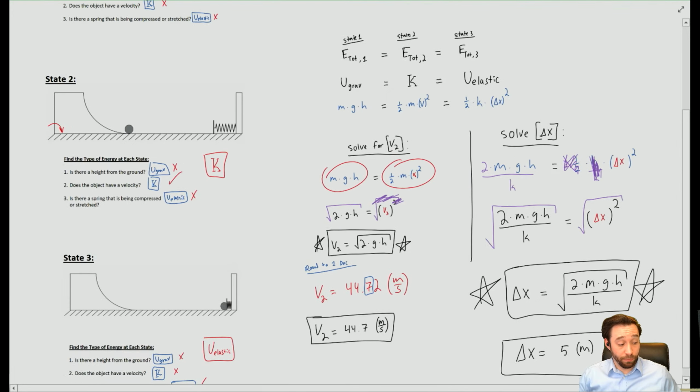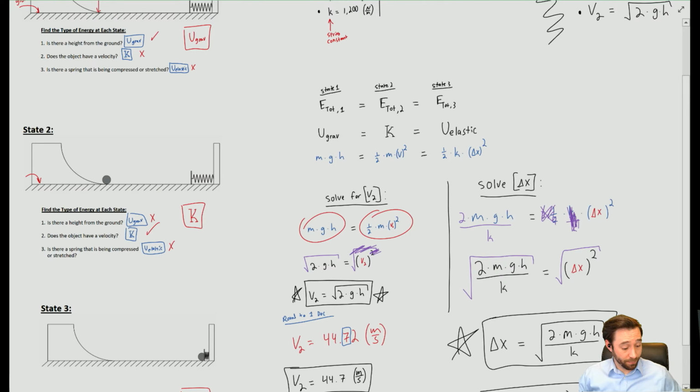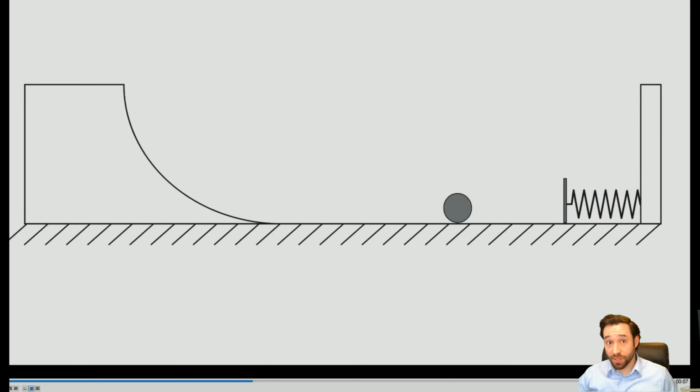So as a recap, this was the scenario that we're dealing with. We have, where's my mouse? A scenario where I've got a ball at the top of a ramp. It then travels down the ramp and then travels horizontally across the ground. This is going to be state 2.